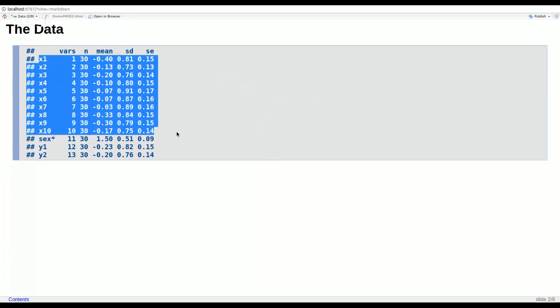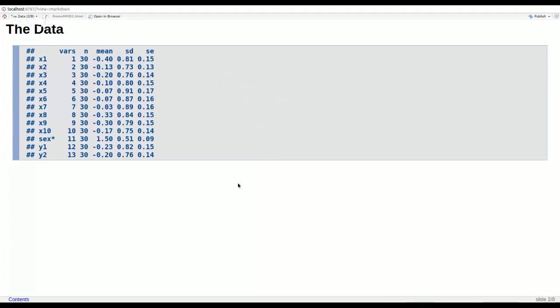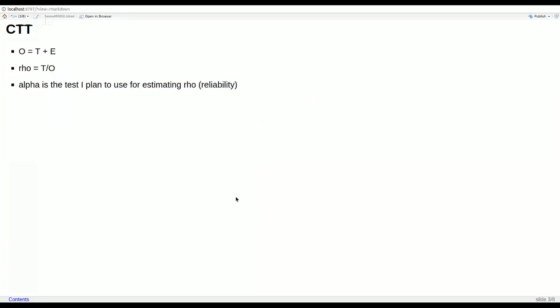I'm going to assume that those 10 variables all come together to form a scale. I have an n of 30, and it looks like I have varied means, but some are negative. Standard deviation, they all look like they have a standard deviation of about 0.8, maybe a little higher. And the standard error of the means are roughly the same, between 0.14 and 0.17. So that's a data set that we have. I'll get back to sex and Y1 and Y2 later.